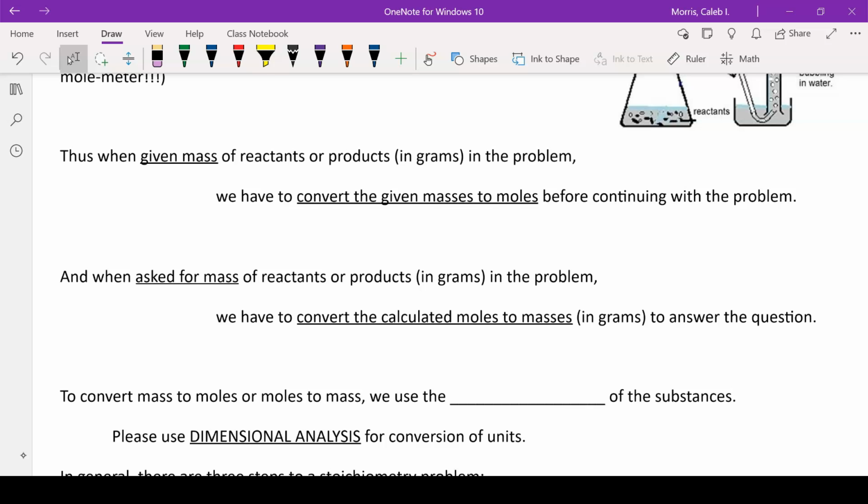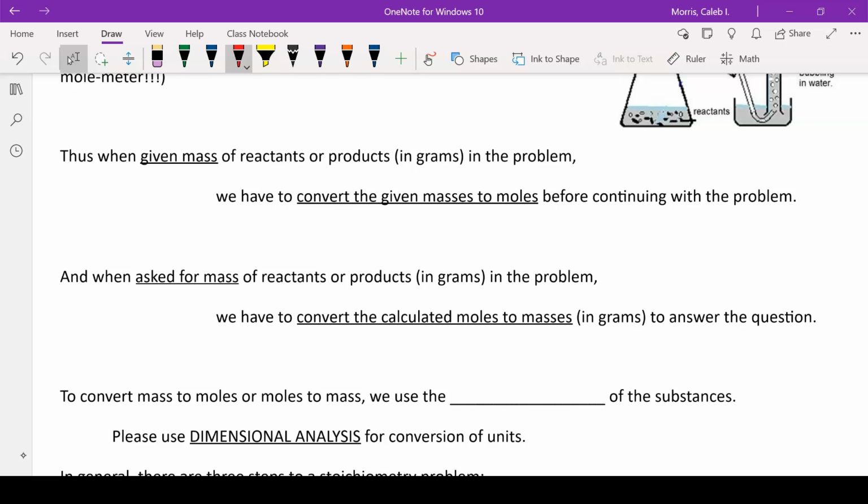When you're given mass of reactants or products in grams in the problem, we have to convert the given masses to moles before we continue with the problem. And when you're asked for mass of reactants or products in grams, we have to convert the calculated moles to masses to answer the question.